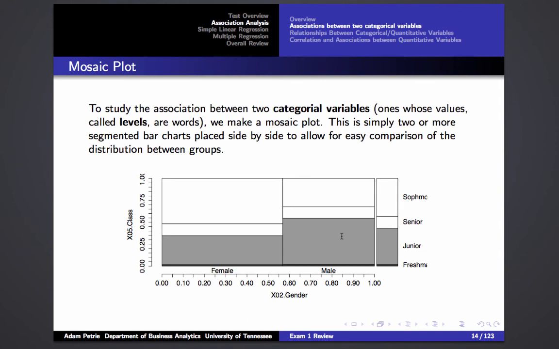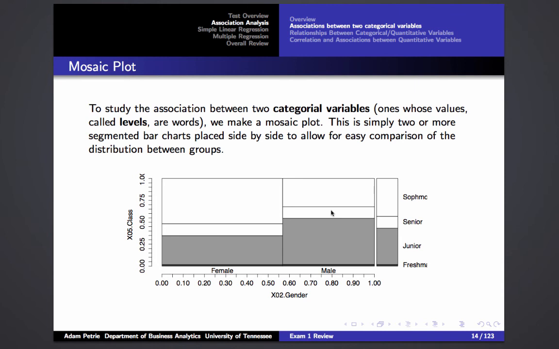All right, so let's talk about associations between two categoricals first. What do we need to know about this? The first thing you need to know is how to visualize the association. We've used mosaic plots to visualize a potential association between two categorical variables.